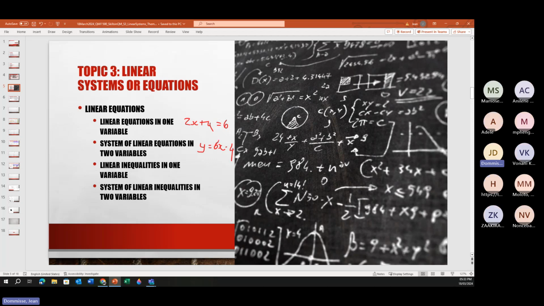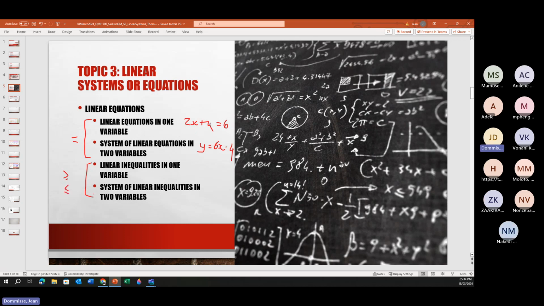So firstly, we look at one variable, then two variables, and then we're going to look at the same thing, but now looking at inequalities, where that same formula will just have a bigger or smaller than sign in it.